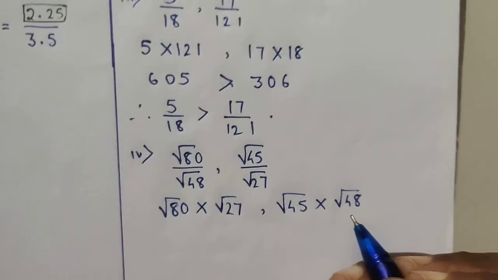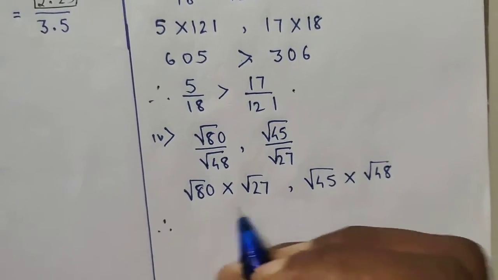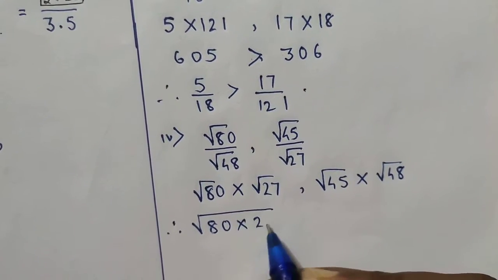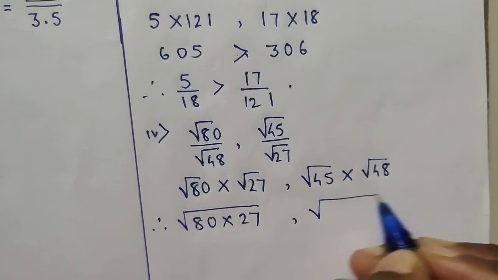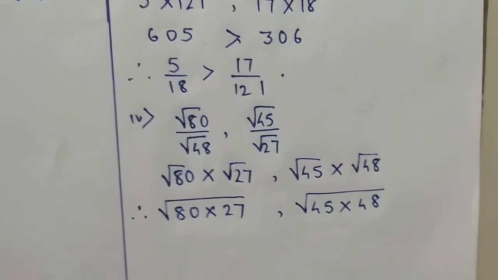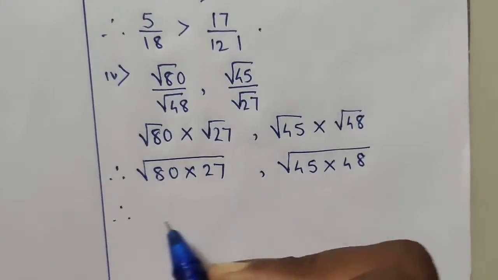Okay, now the next step is what? Let us simplify this. This becomes 80 into 27 and this is 45 into 48. Okay, let us factorize it and see what we are getting here.